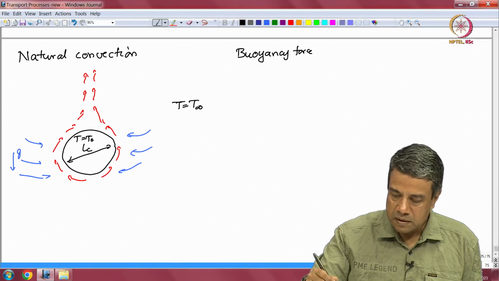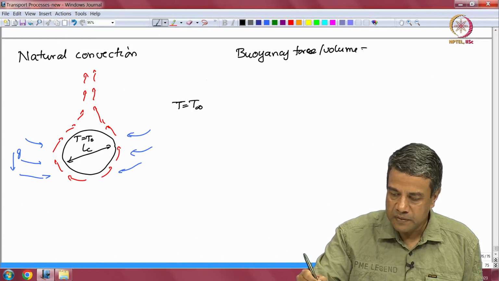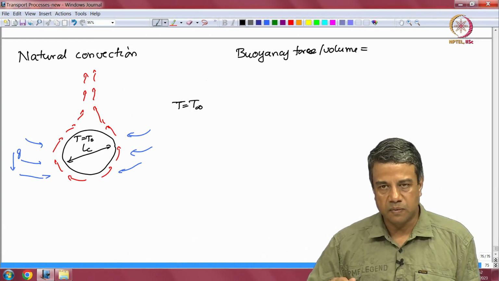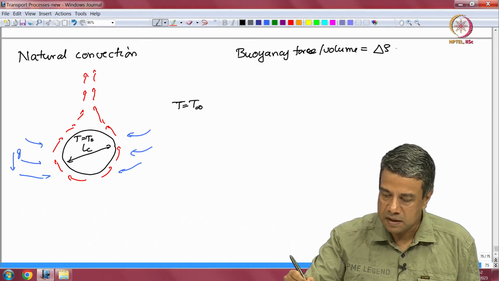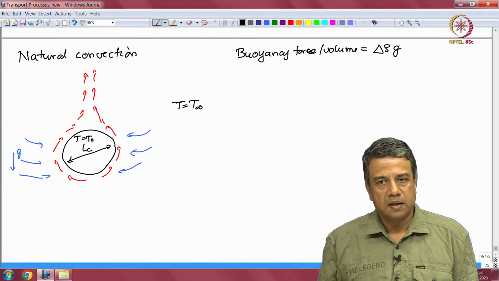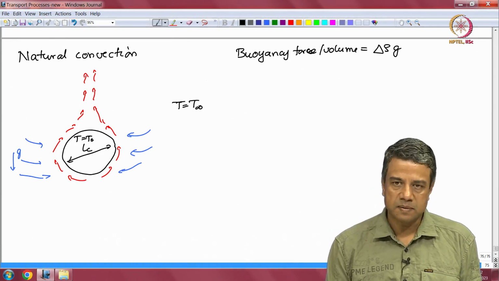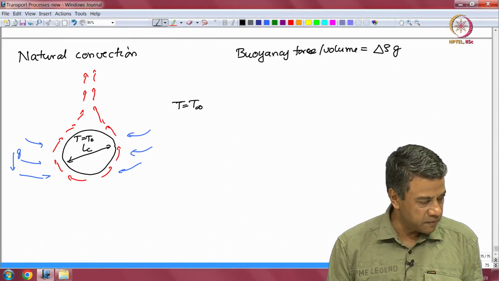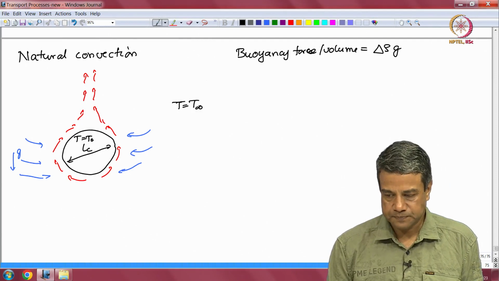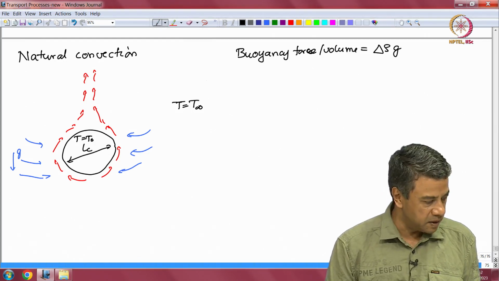The force due to buoyancy per unit volume is equal to the difference in density times the acceleration. Mass times acceleration is force, and density times acceleration is the force per unit volume. So, this is the buoyancy force per unit volume. This delta rho is related to the temperature difference between the two.